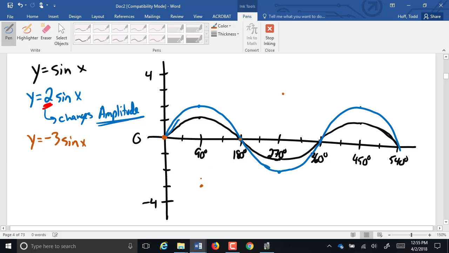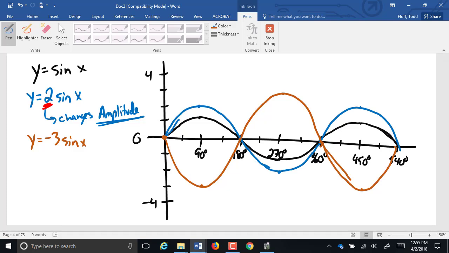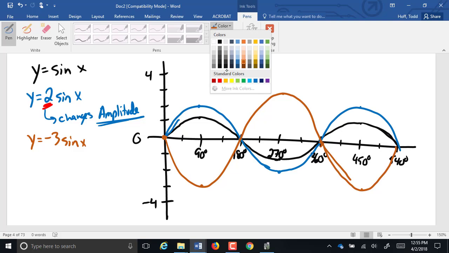So instead of being at positive 3 at 90 degrees, it's at negative 3. Giving us that wave. So it still changes the amplitude, but it can also invert the wave or flip the wave over. Any questions there?